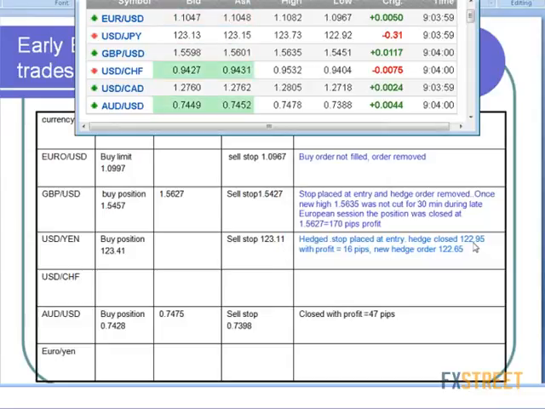Subsequently it came down to 122.92 and stopped cutting the new low, and started gaining the level. So I closed it at 122.95 with 16 pips profit on the hedge, and kept another hedge order 30 pips below, at 122.65.